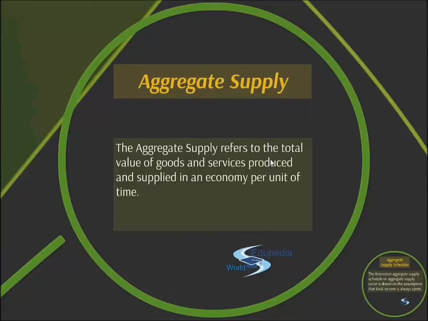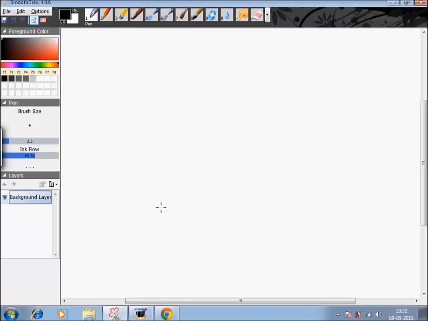Aggregate supply refers to the total value of goods and services produced and supplied in an economy per unit of time. And the aggregate supply consists of two components, that is producer goods and consumer goods.